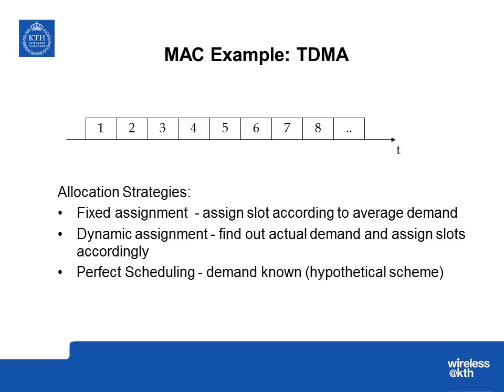We will also consider a hypothetical system, which we call perfect scheduling, where there are some magic wires connecting the different transmitters so that they can actually find out the traffic demand from the various sources. That will be a hypothetical system where the demand is known, and this will be used to upper bound the performance of such a resource allocation scheme.